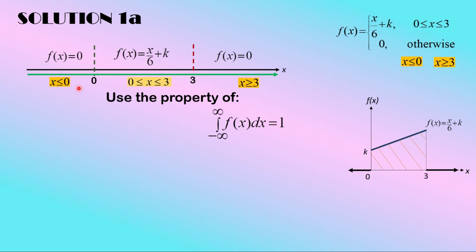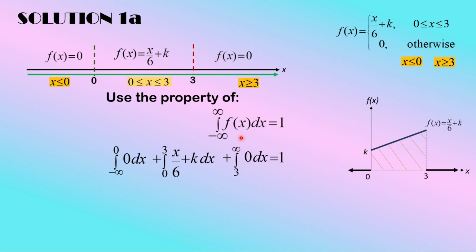The integration process will be done in those 3 intervals. First, the integration of the function f(x) equals 0 in the interval negative infinity to 0, plus the integration in the second interval from 0 to 3 of x over 6 plus k, and then plus the integration in the third interval from 3 to infinity of the function 0, and this equals 1.